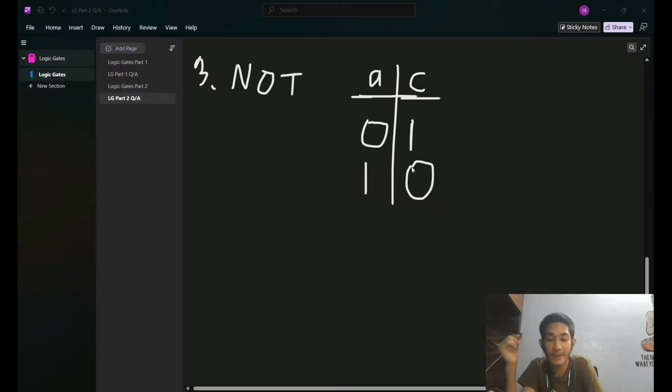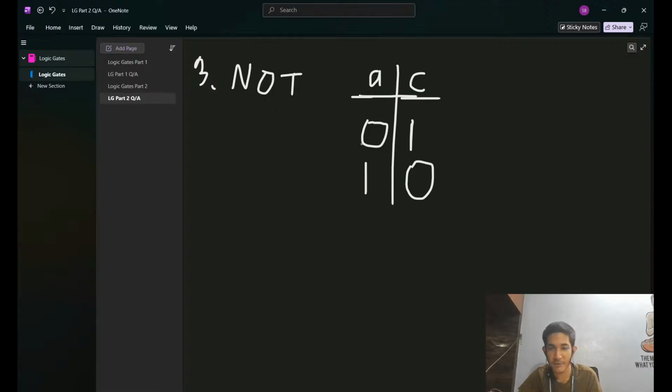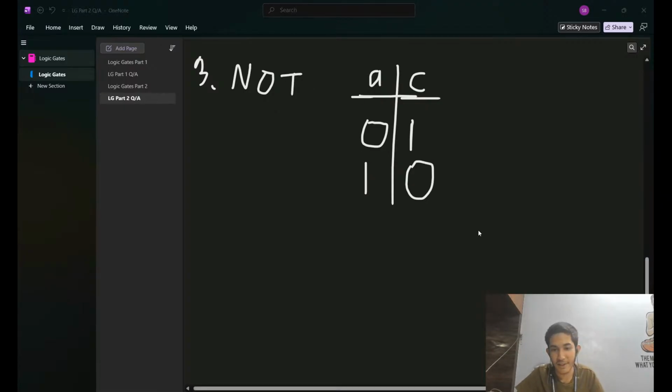Now, for this, you can actually ask it in a question form. Is the input zero? Now for here it's zero, so yes, but here it's not zero, so no. Zero means false, and one means true. So basically invert. We also call this a negator.